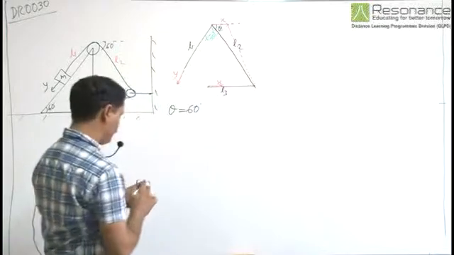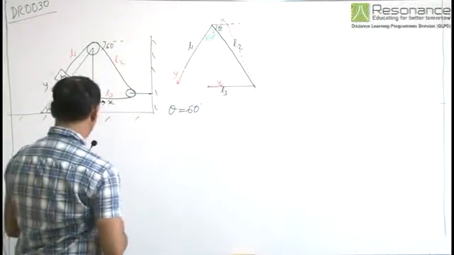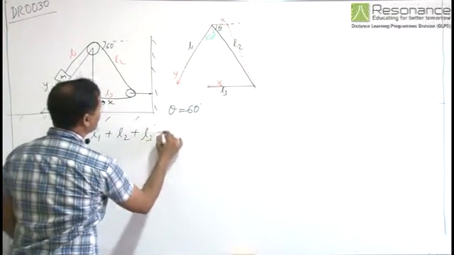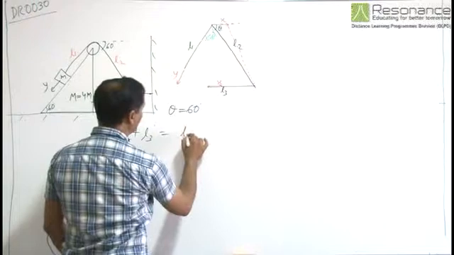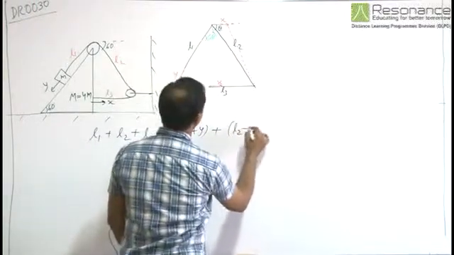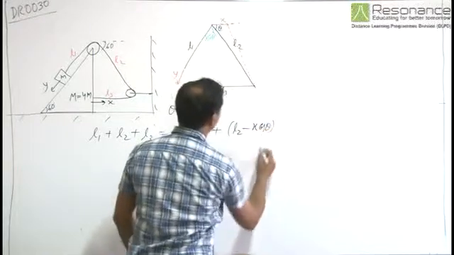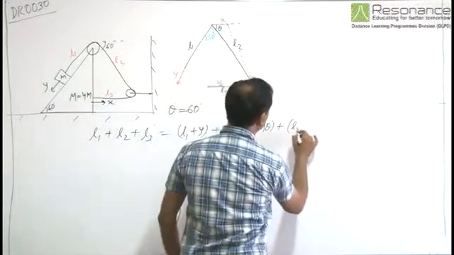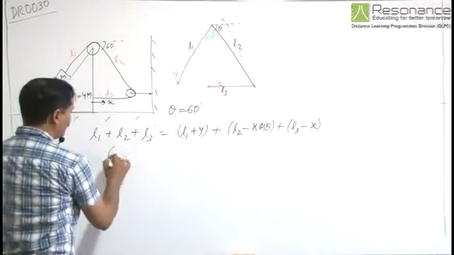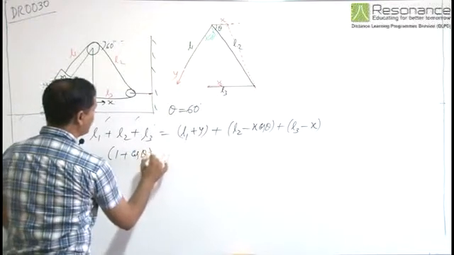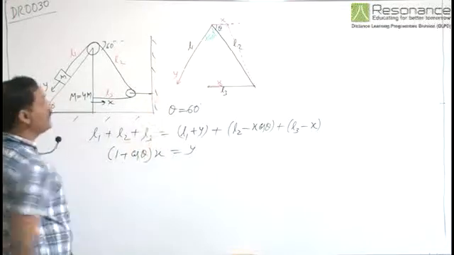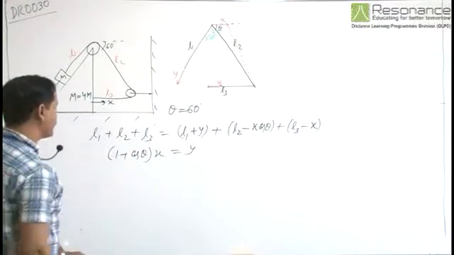cos theta. Now if we try to find the constraint relation, we can write L1 plus L2 plus L3 is equal to L1 plus Y plus L2 minus x cos theta plus L3 minus x. So from here we can write (1 plus cos theta) into x is equal to y. Theta is given to be 60 degree, so cos theta is half.